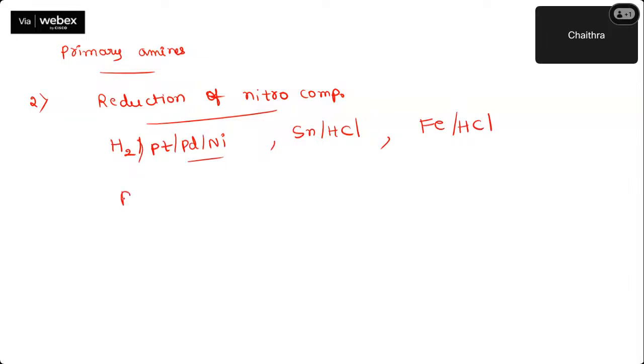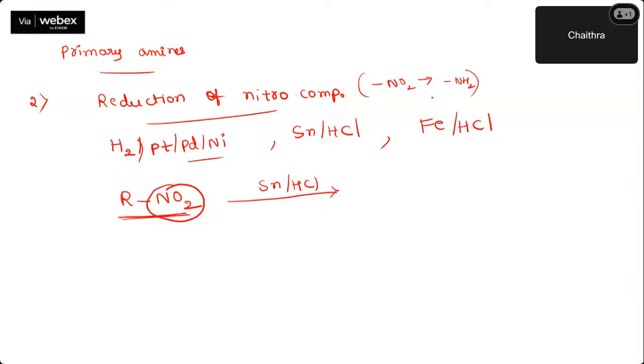General reaction, I'll write and show it to you. It's very simple. Take starting material as RNO2, a nitroalkane. On the arrow mark, write any reducing agent. You can write H2 with Pt also. Basically, you will be reducing this group. The NO2 group reduces into NH2.